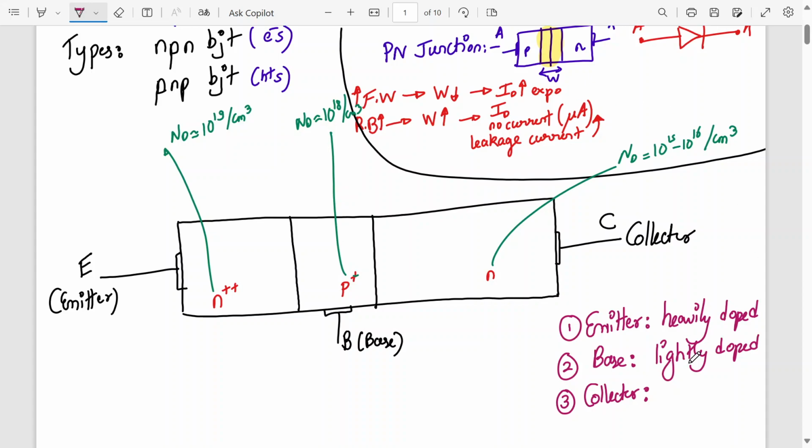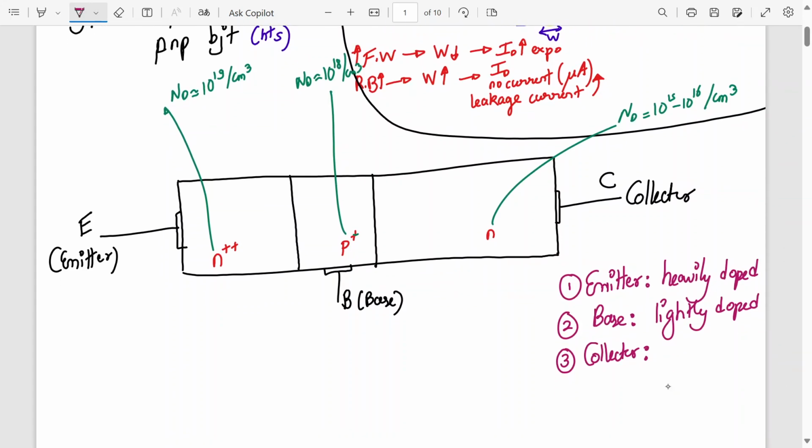Okay, it's moderate. We can write lightly doped or moderately doped. Both are fine, depending upon how you view it. Actually, we should write the base as moderately doped, and the collector as lightly doped.